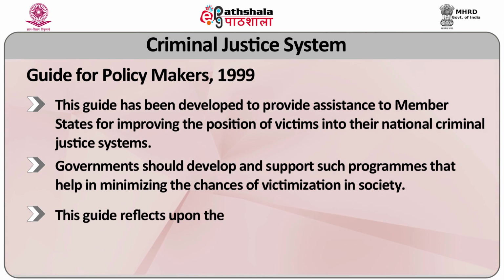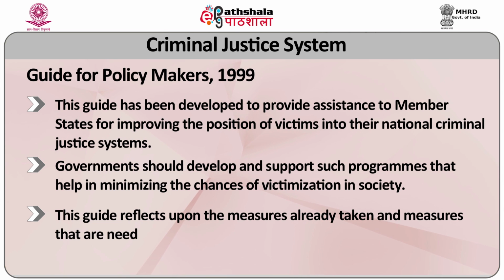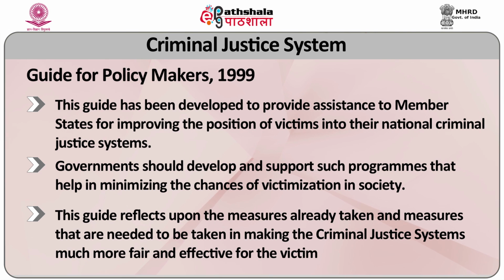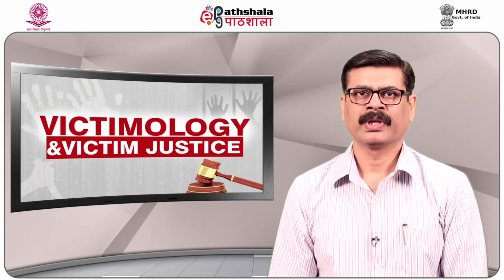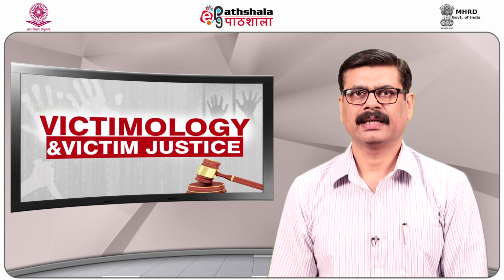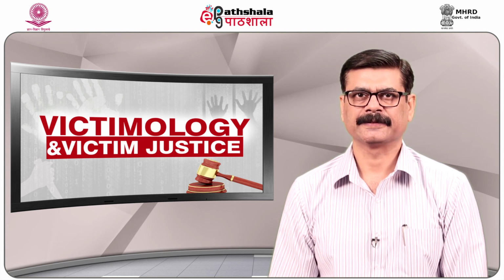This guide reflects upon the measures already taken and measures that need to be taken in making the criminal justice system much more fair and effective for the victim of crime. It follows the structure provided by the declaration and, for effective implementation of the declaration, it gives some useful and effective suggestions.